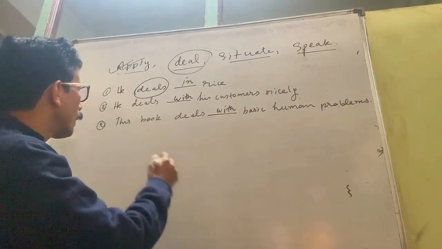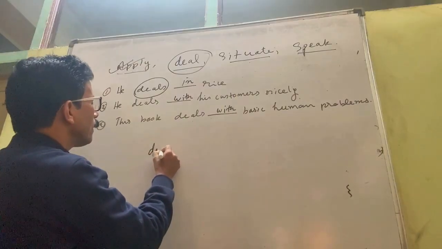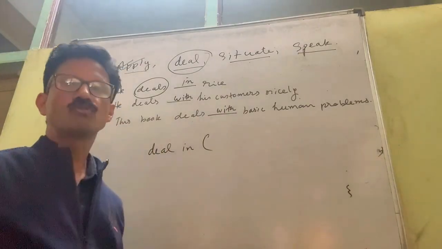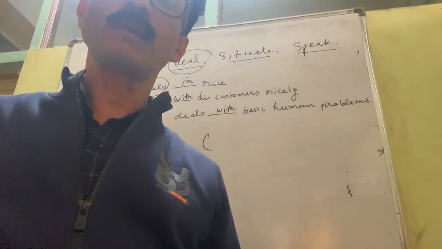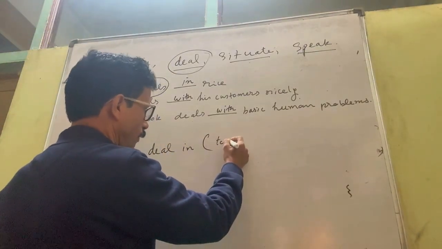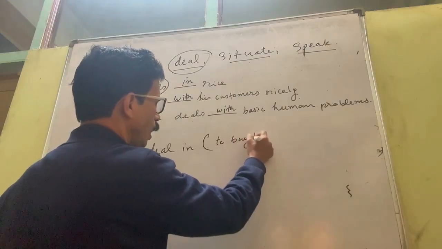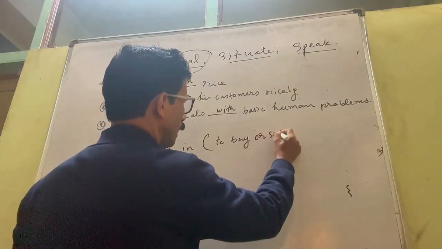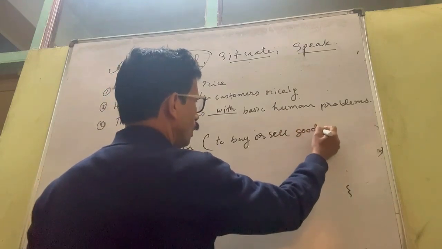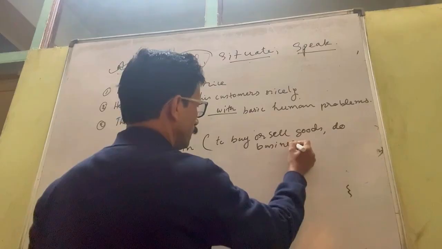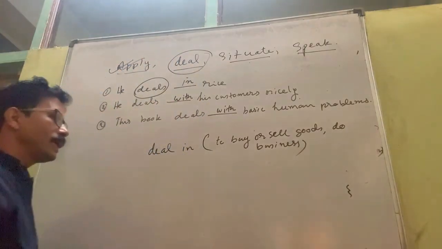So there are two prepositions likely to be used with deal. Number one is deal in. What is the meaning of deal in? Deal in means to trade, to buy or sell goods, do business, etc. That is the meaning of deal in.